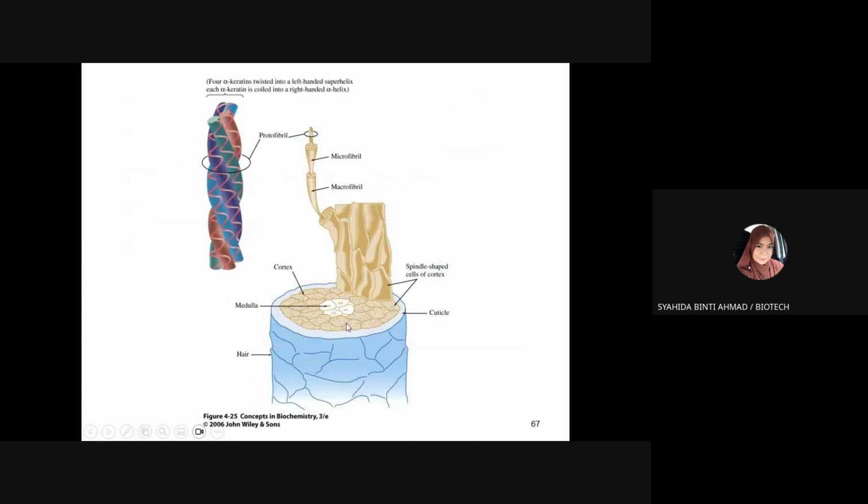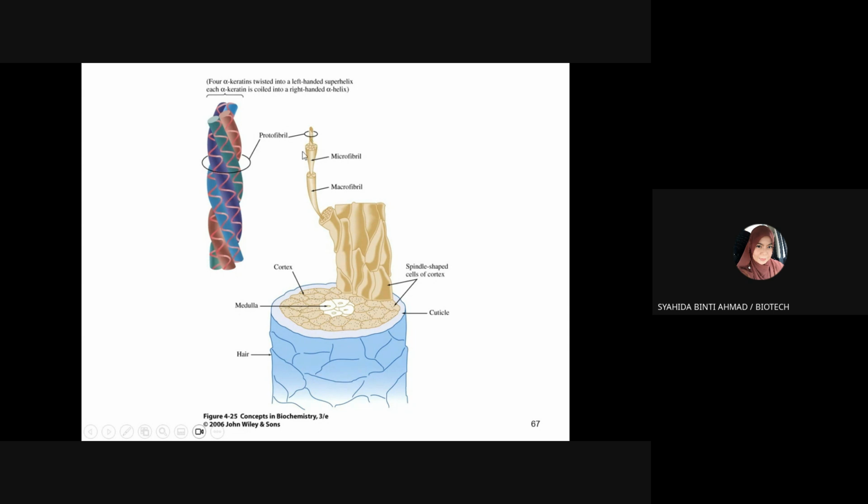So this is to show you clearly how alpha keratin is formed to make hair, from the alpha keratin twisted into a left-handed superhelix that I showed you earlier. This is actually one of the alpha keratins, which is made up of these protofibrils.